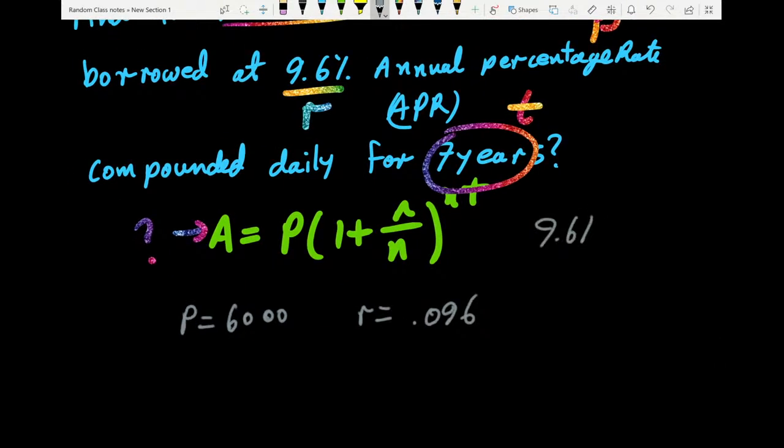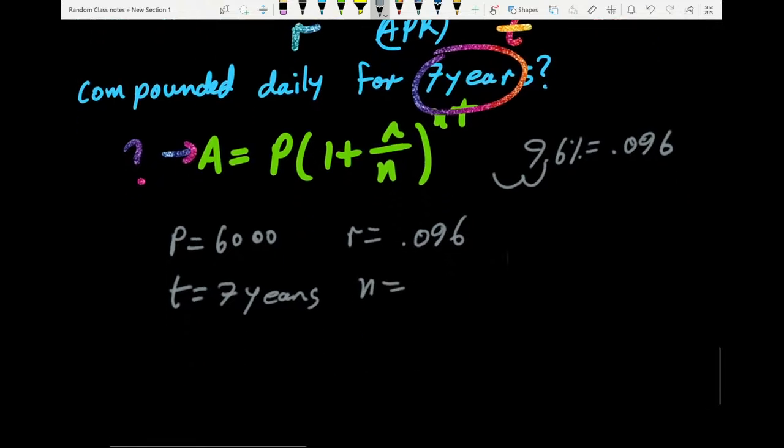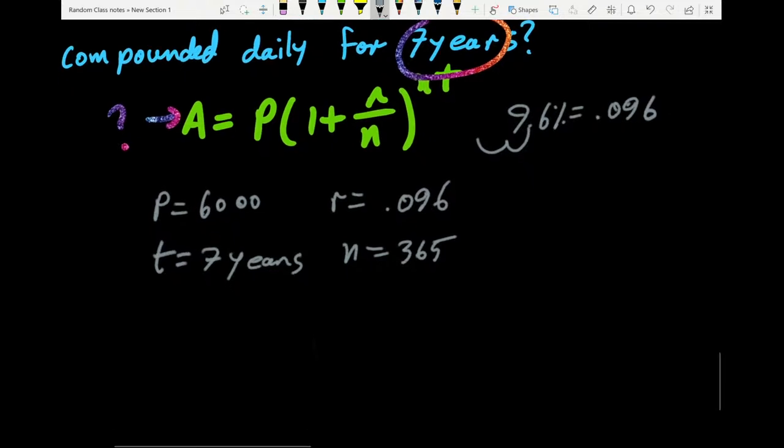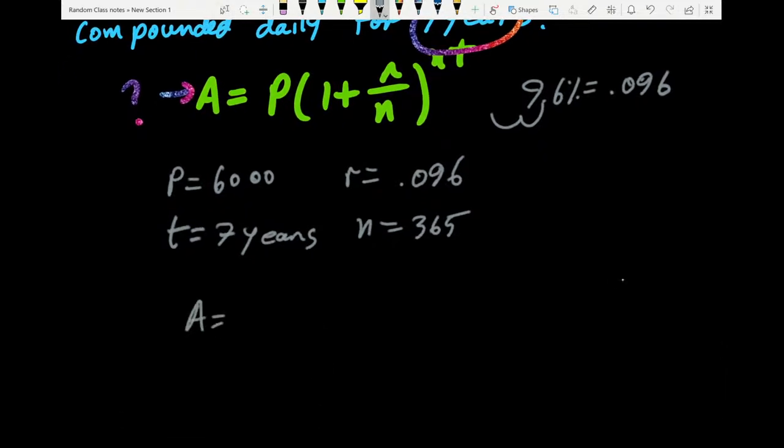Remember, convert the percent to decimal. And then T is 7 years. What about N? It gets compounded daily, so N is 365.